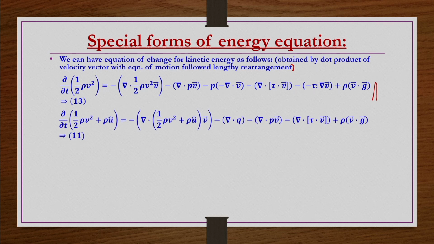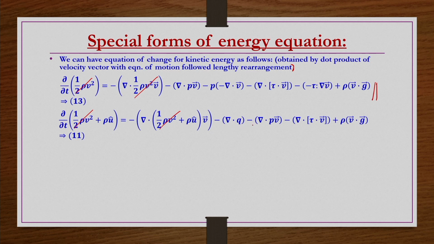Equation number 11, we already have. Then we are going to subtract equation number 13 from equation number 11, so that similar terms may be cancelled out, and finally you have an equation of change for internal energy. If you do that, this half rho v square cancels with the half rho v square here. Similarly, del dot half rho v square v is the same in both, so they cancel out.